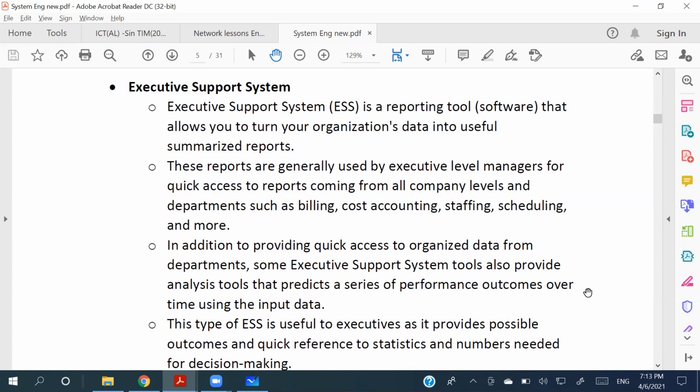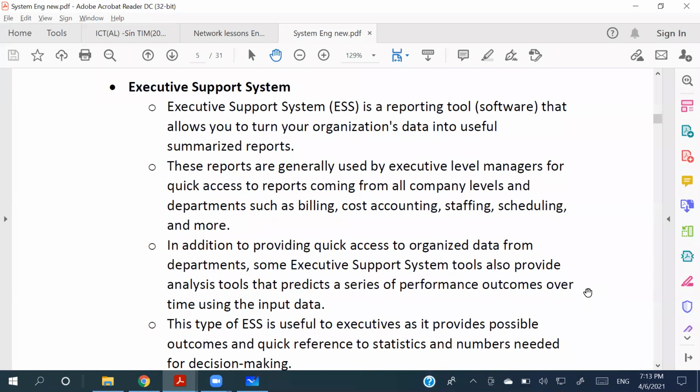When it comes to the executives, they really don't need things in detail. If you take a supermarket chain, the top level management does not need very detailed information about the sales of each and every department or outlet.